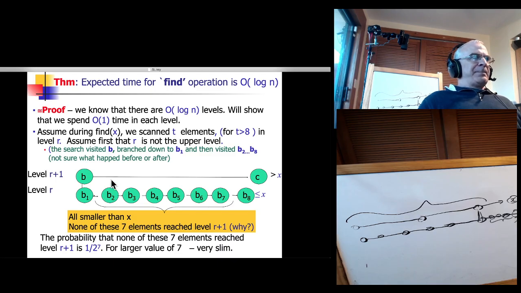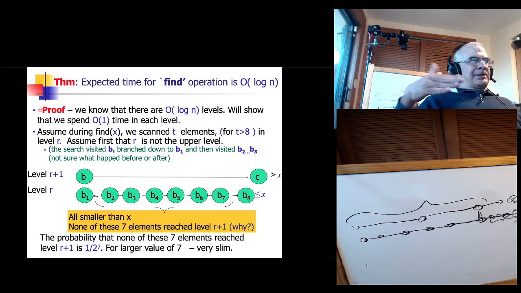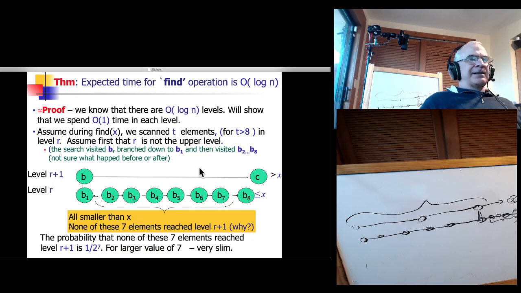The chance that B2 did not make it to the next level is 50%. The chance that B3 didn't make it is also 50%, and so on. So if I have 7 such elements, the chance that it will happen is 1 over 2 to the 7. It's 7 experiments, 7 coin tosses that all failed. They did not make it to the next level.